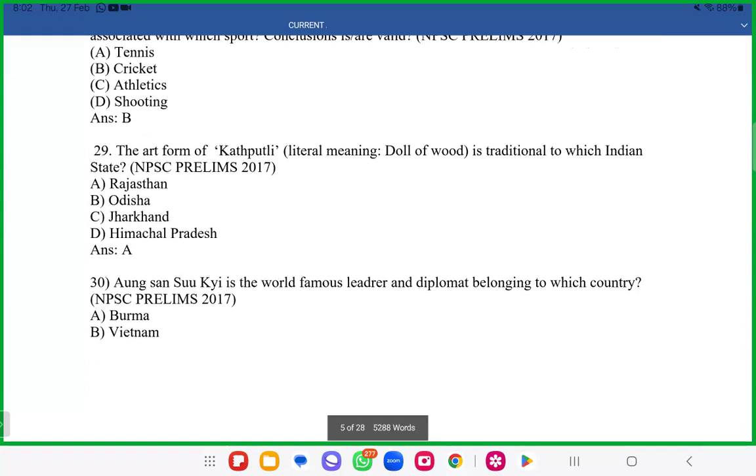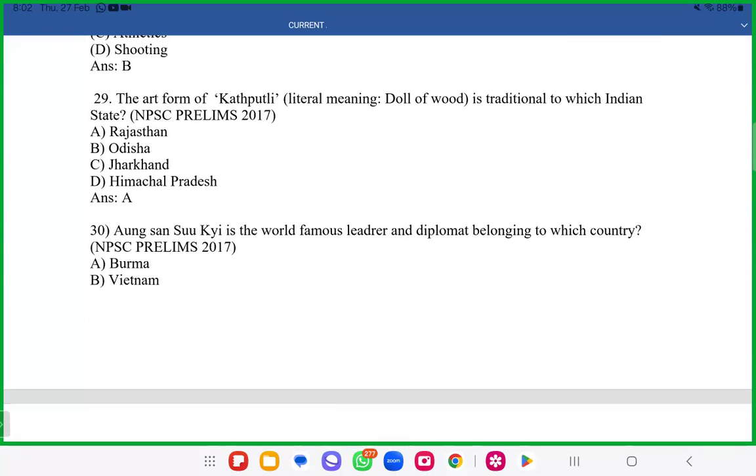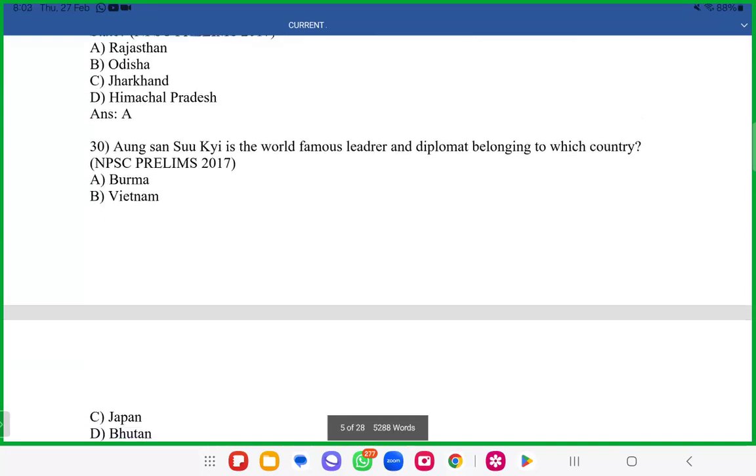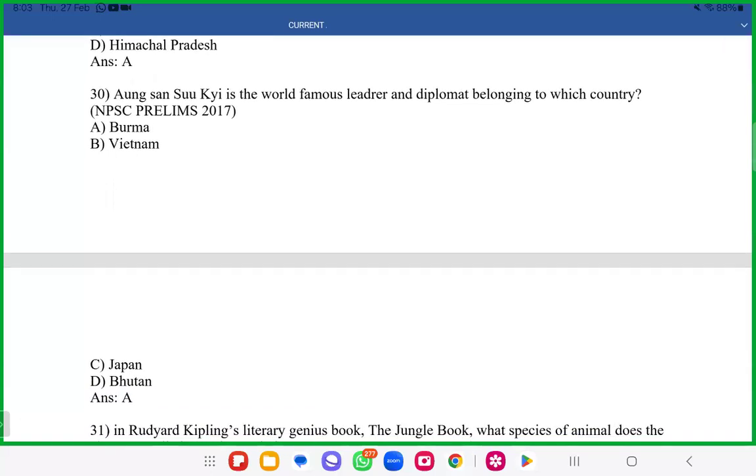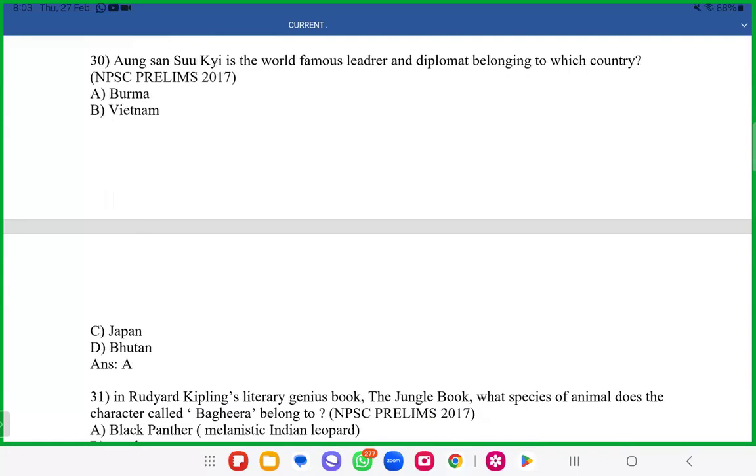It will come either under state news or national affairs news, but probably under state news. Then, Aung San Suu Kyi is the world famous leader and diplomat belonging to which country? It will be persons in news, or international affairs.